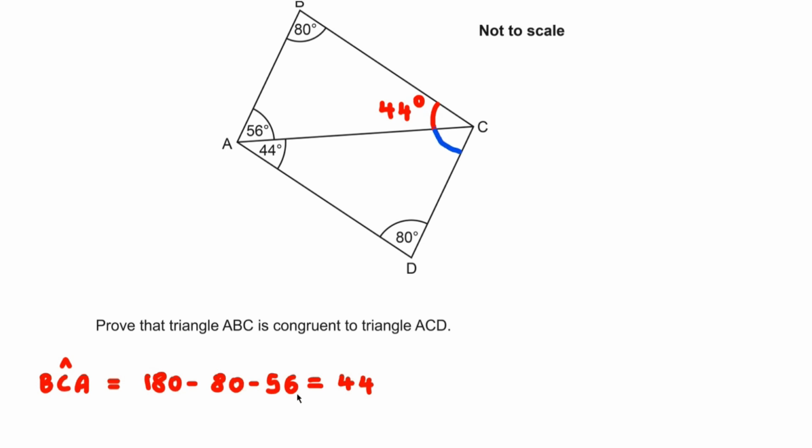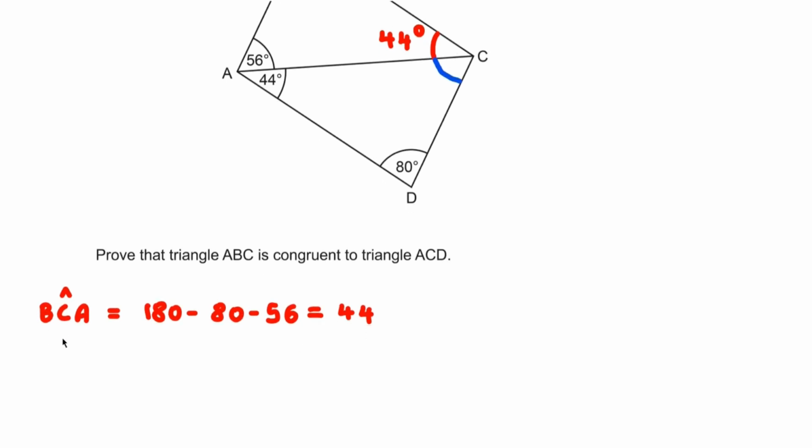We can also find out this angle ACD. The angle ACD is 180, subtract 80, subtract 44, which is 56.